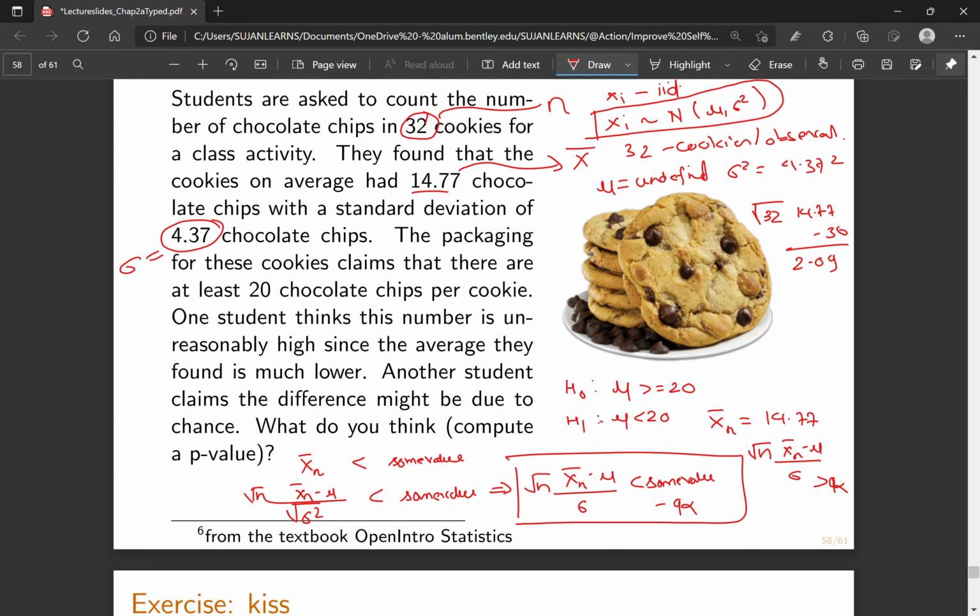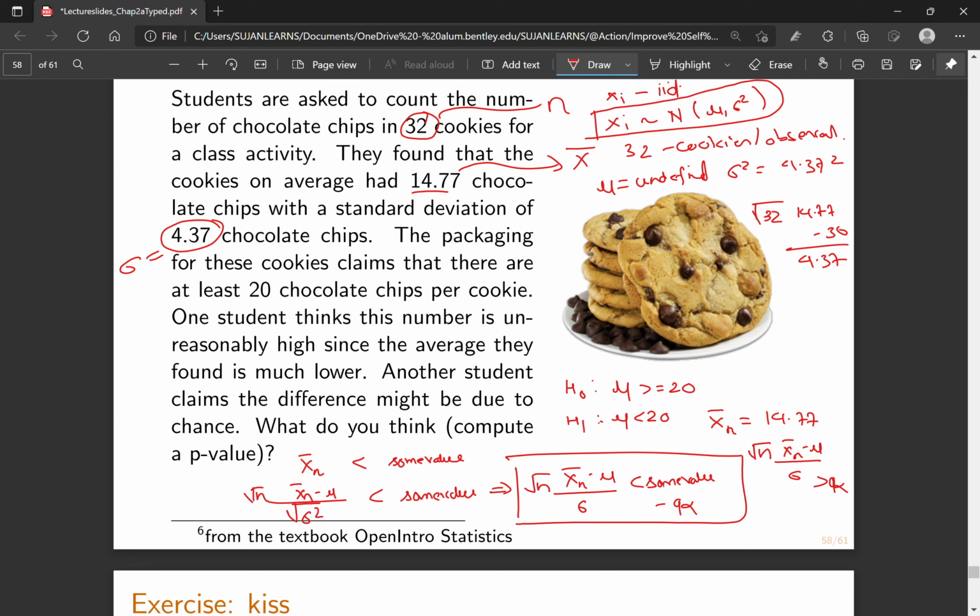Let me quickly check whether I'm doing it correctly. 4.37, that is sigma. We don't need to divide by 2.7. We don't need to do that. We need to just divide by 4.37.